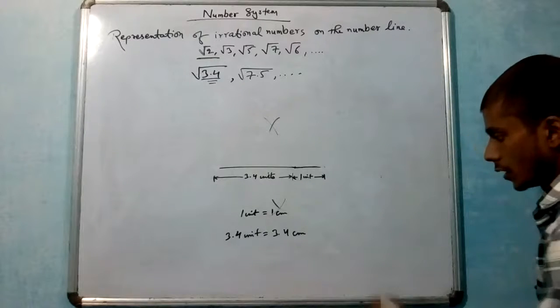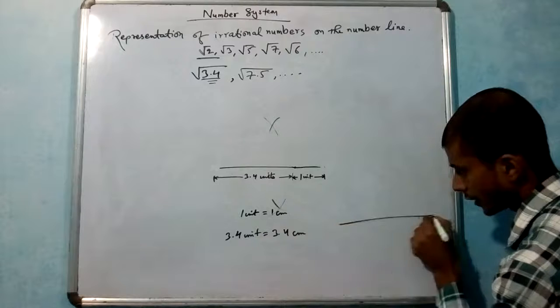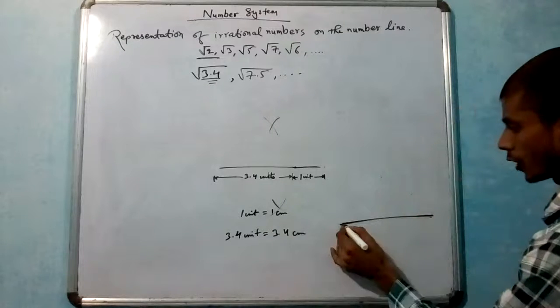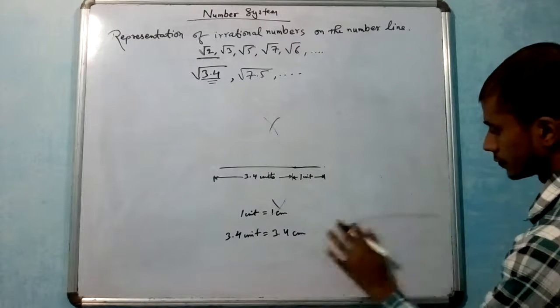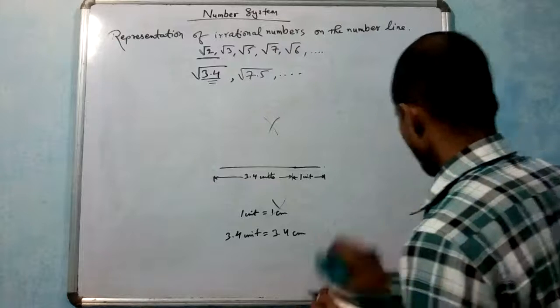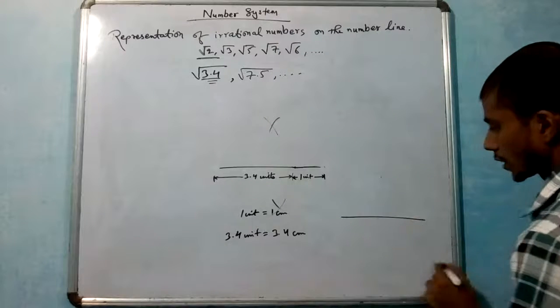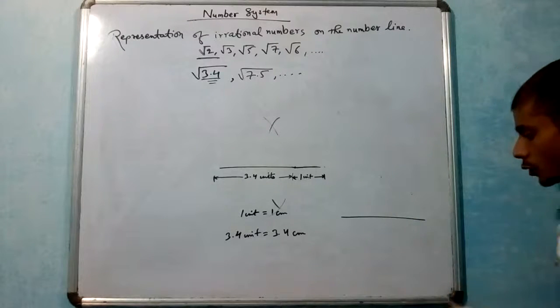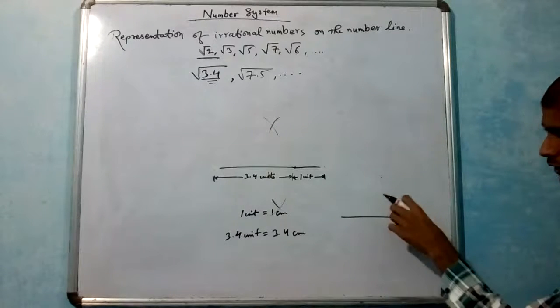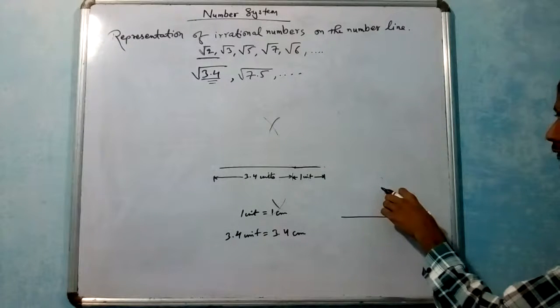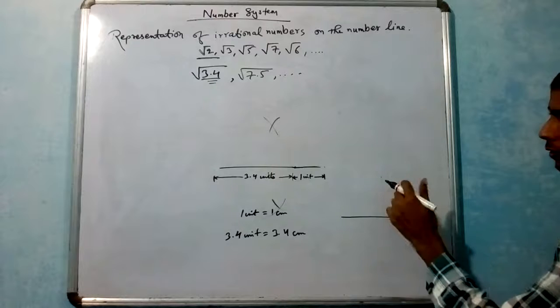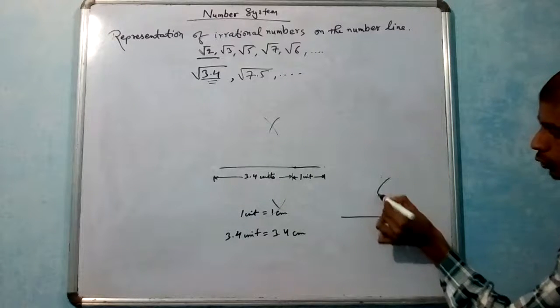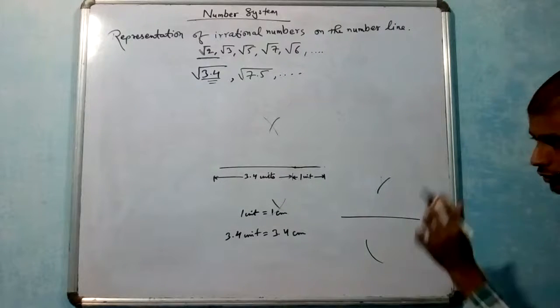What I told: if any line is there and you want to get the perpendicular bisector, then what to do? Keep the needle here, take more than half the length and draw the arc on both sides, up and down.